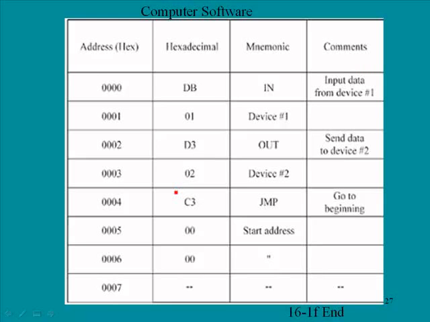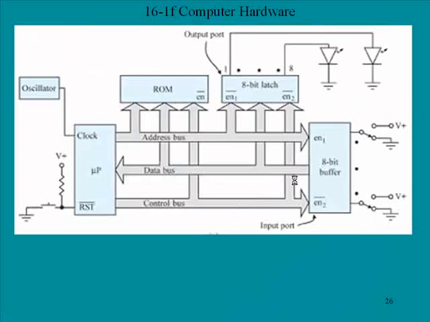The software that we'll be using is just that very simple program that we just looked at, where we had an input, an output, and a jump command. But before we do that, we're going to need to discuss a bit about our hardware configuration here.